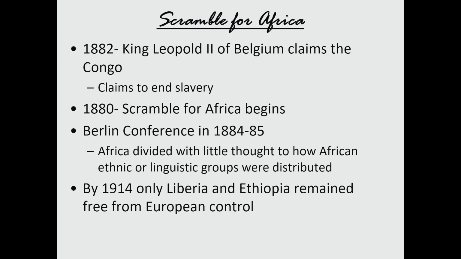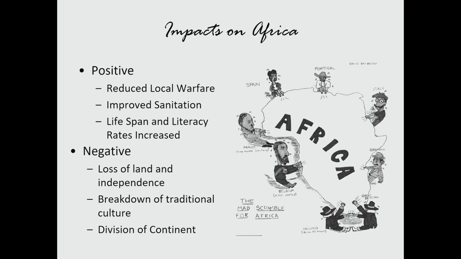The Berlin Conference, which will not be on your test, African countries did not attend, but this is how Europeans strategically mapped out Africa. The only two countries that remained independent after the scramble for Africa are Liberia and Ethiopia.